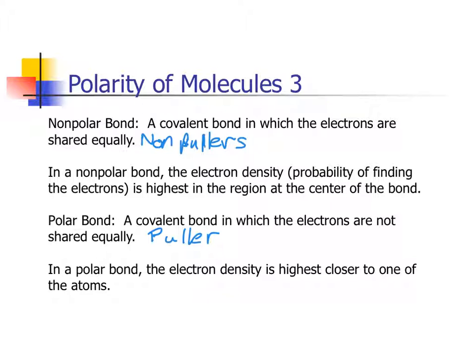Whereas in a polar bond, the middle of the tug-of-war rope moves to the side that is pulling harder, meaning the electrons are pulled closer to them. Here we talk about it as the electron density being pulled that way, but in all reality, that's the tug-of-war that is happening for these electrons. Now, nothing is giving or taking. One just pulls harder than the other, and that's what happens.